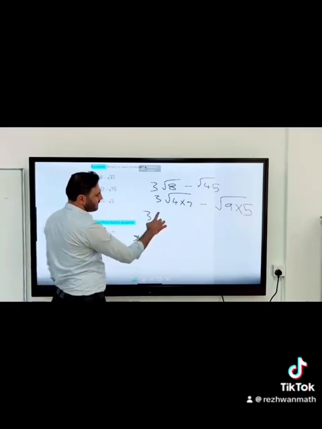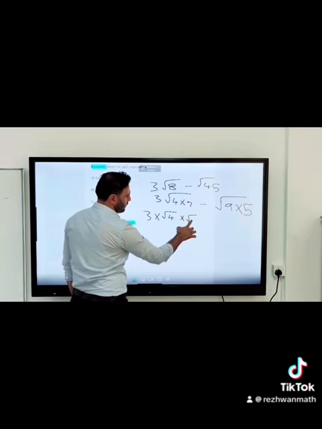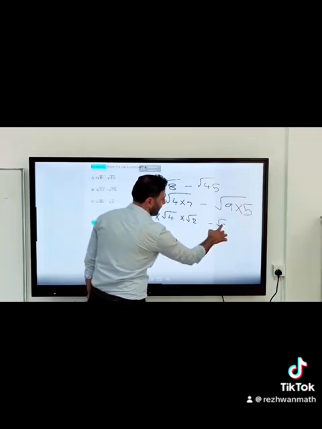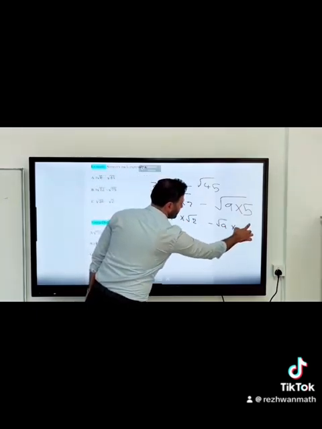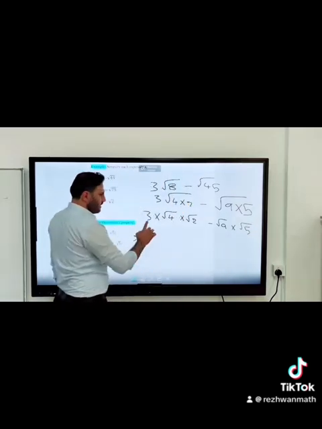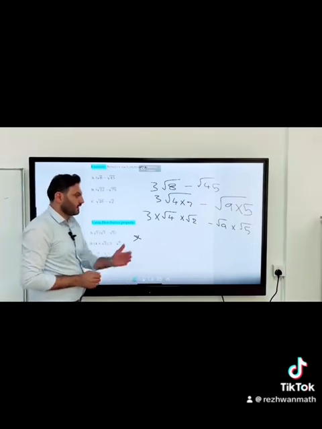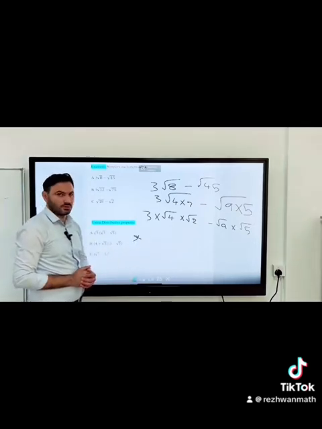So it means we have 3 times square root 4 times square root 2 minus square root 9 times square root 5. 4 is a perfect square, we can directly get the answer of square root 4. Square root 4 is 2.